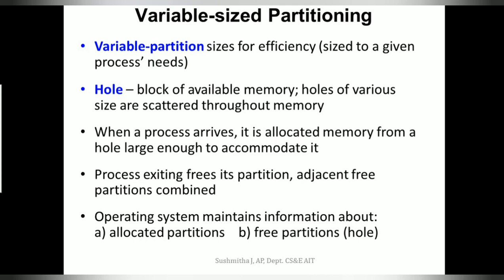The size of the partition may be equal to the size of the incoming process. The partition size varies according to the need of the process. So the number of partitions in the memory depends on the number of incoming processes and the memory size.